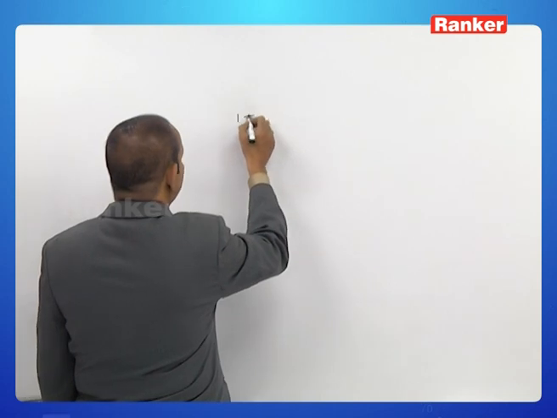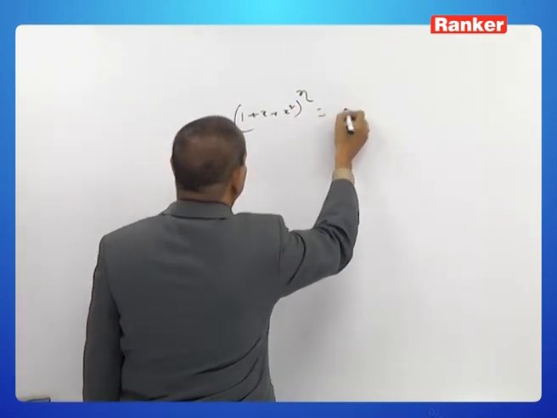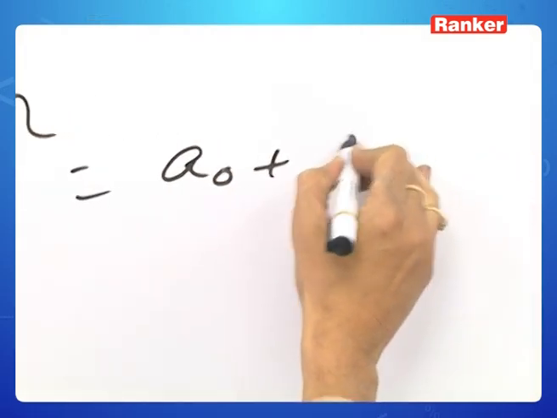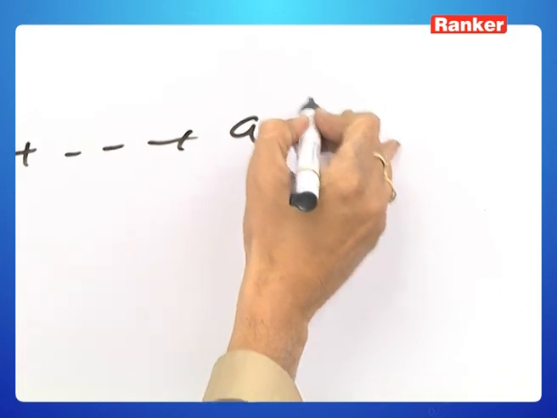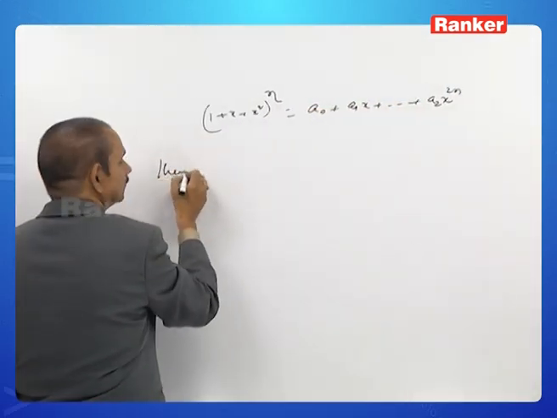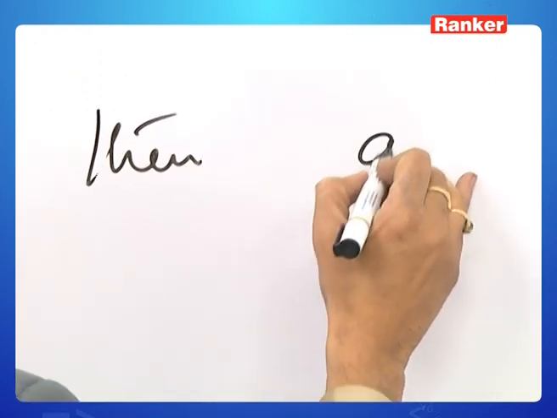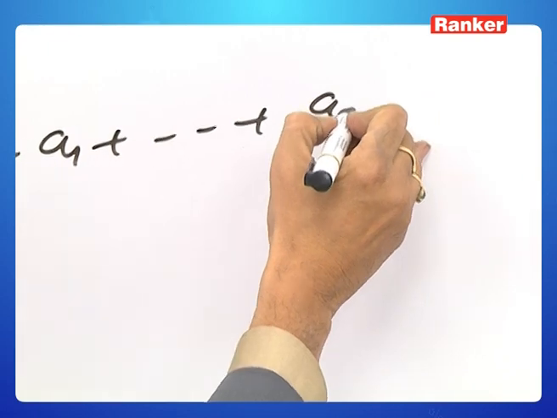If (1 + x + x²)^n is equal to a0 + a1x + a2x² + etc. + a2n x^(2n), then what is a0 + a1 + a2 + etc. + a2n?